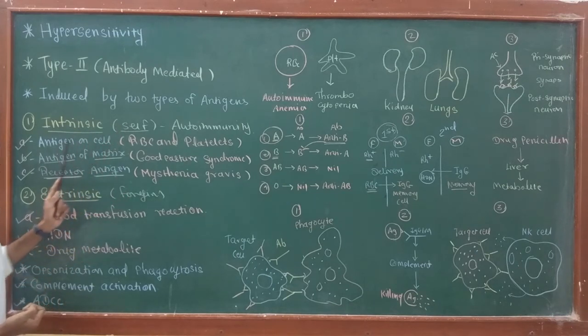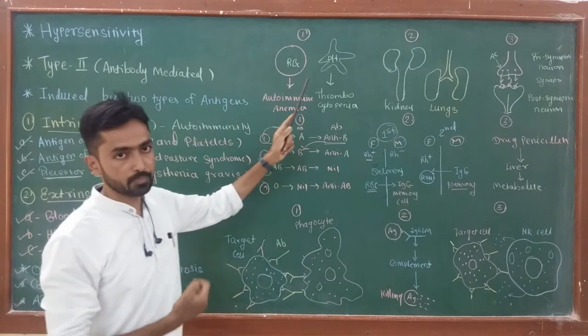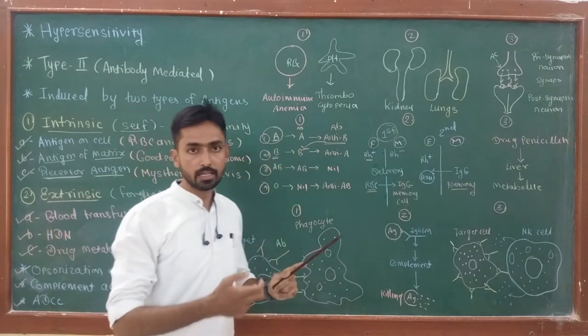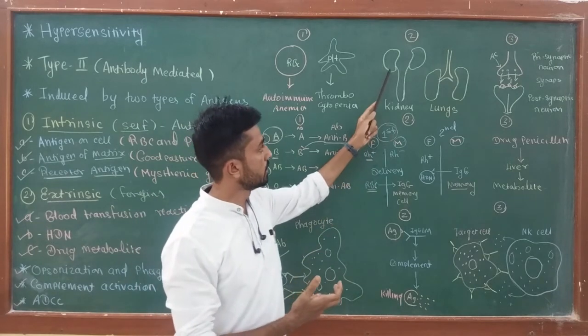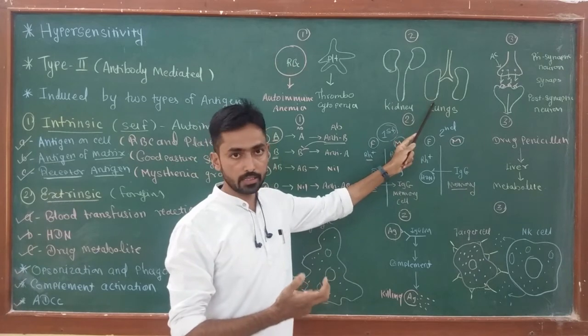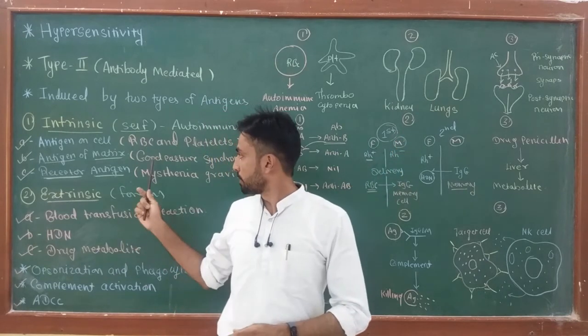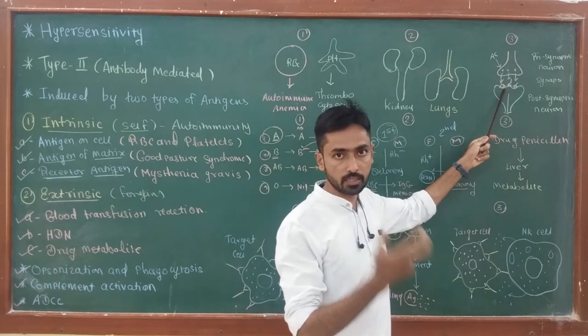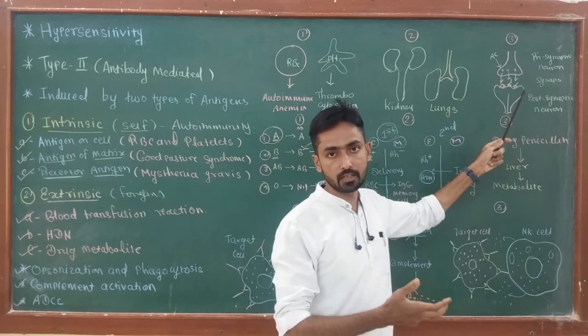Self antigens include antigens present on RBCs and platelets, which lead to autoimmune anemia and thrombocytopenia. Then antigens of the nephrons of the kidney and alveoli of the lungs, which are targeted in Goodpasture syndrome, while the antigens which are nothing but receptors, an example is Myasthenia gravis.